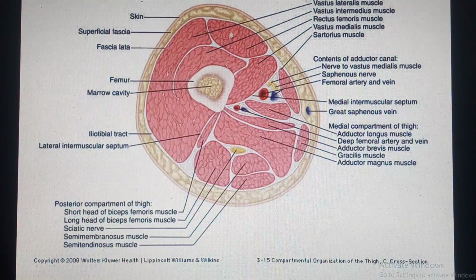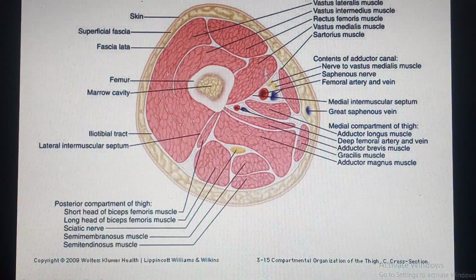Once we are able to identify these two, if you come here, we have this muscle known as the vastus lateralis muscle. Then over here, the medial aspect, you have the vastus medialis muscle.